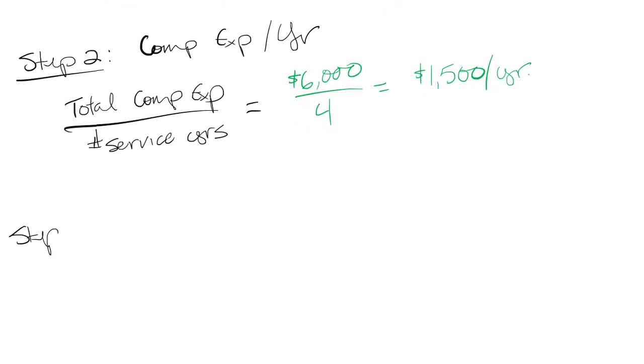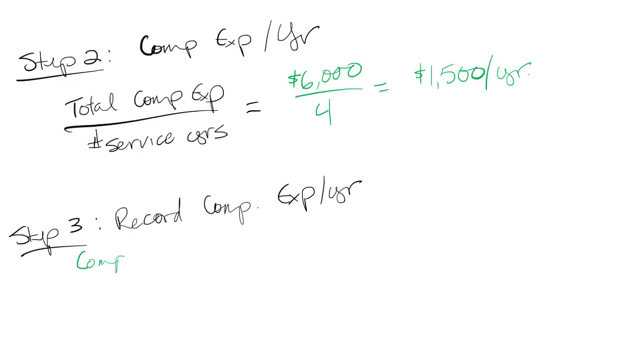Step 3 is to record compensation expense each year. And the nice thing about equity options is it's the same journal entry every single time. So I'm just going to make the entry once. I'm going to debit compensation expense of some kind. This could also be salaries expense, wages expense, executive salaries expense, whatever we're using.